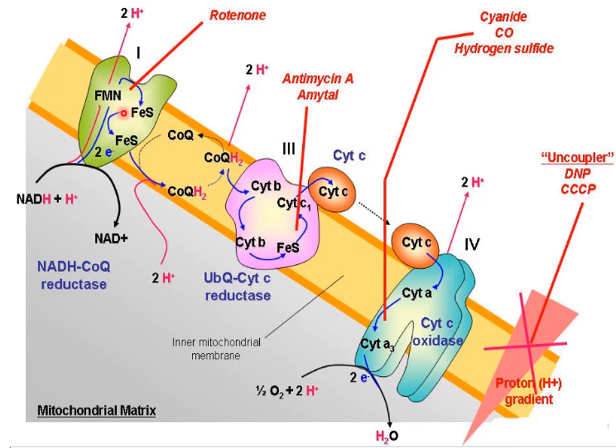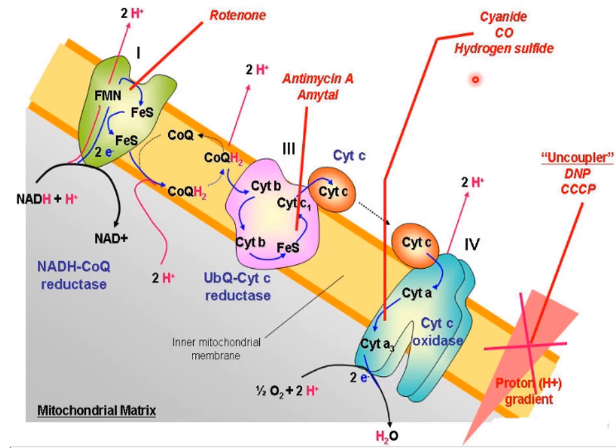Here you can see for complex 1, complex 3, complex 4, complex 5, rotenone inhibits the activity of complex 1 by binding with and inhibiting the action of the FeS complex. And antimycin A inhibits the function of complex 3.